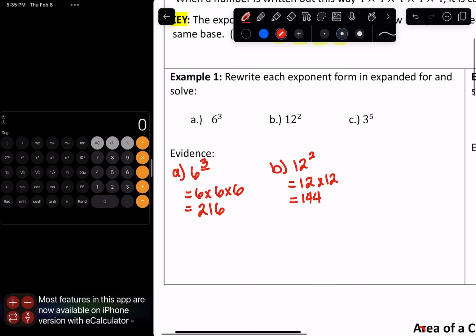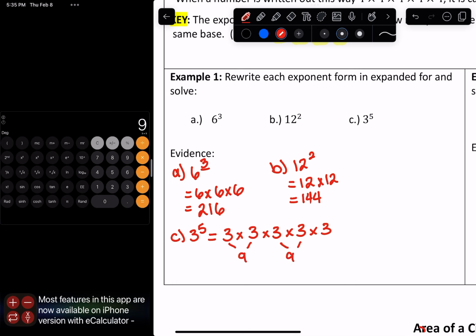Okay. And then C. So that's 3 to the 5th power. That is equal to 3 times 3 times 3 times 3 times 3. If you don't want to put that whole thing in the calculator at once, we can break it down. So 3 times 3 first. 3 times 3, that's 9.